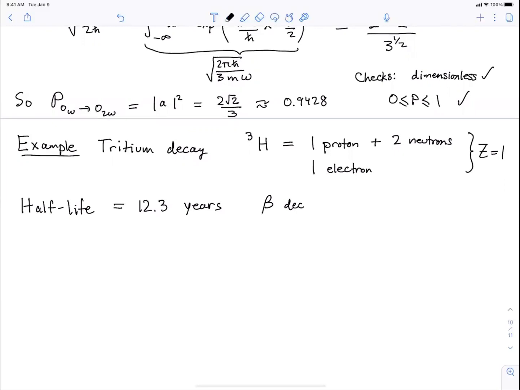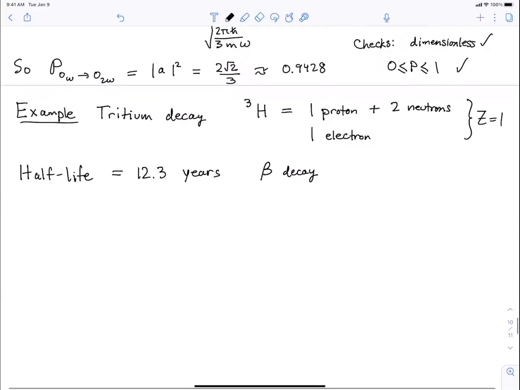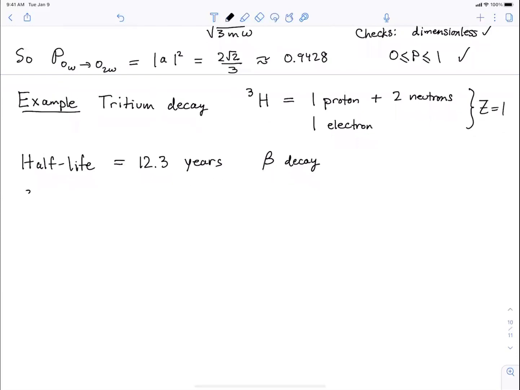And when it decays by beta decay, beta decay is code for saying it decays in the following way. Your tritium nucleus decays to a helium nucleus with atomic weight 3 plus an electron. Okay, the hydrogen has charge 1, the helium has charge 2, so to balance the charge we need an electron.